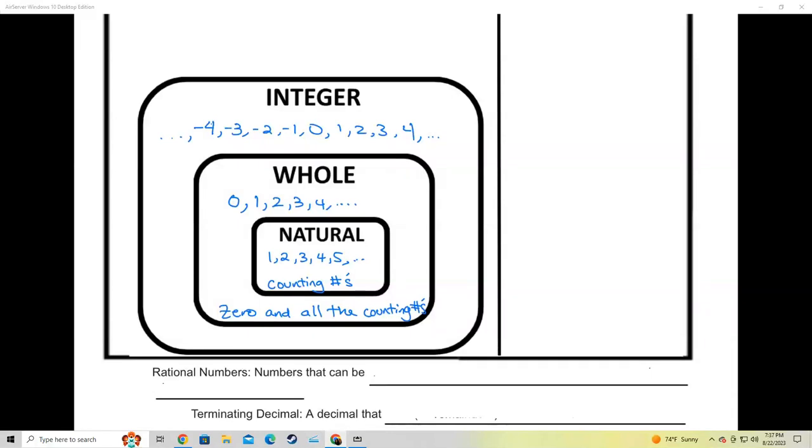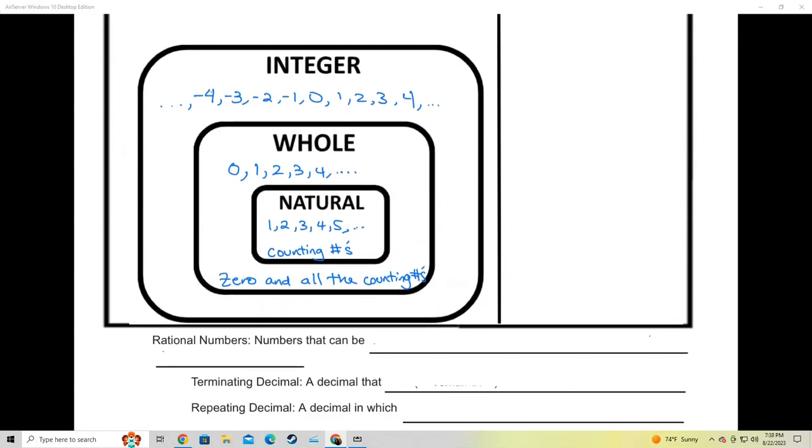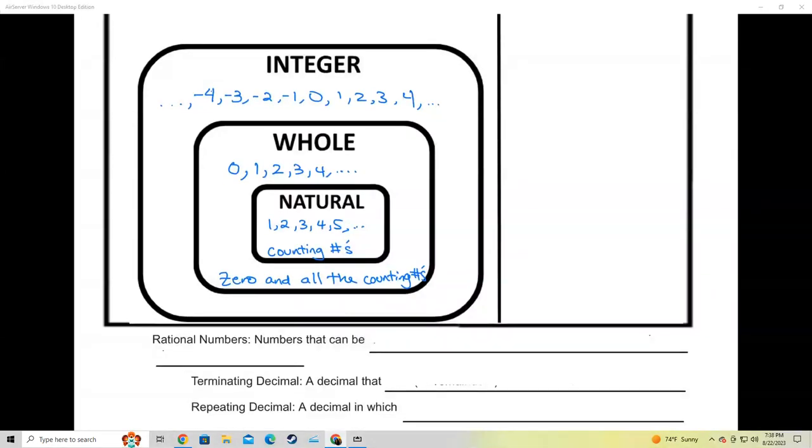As far as what integers are, remember we said that integers are all the whole numbers and their opposites.